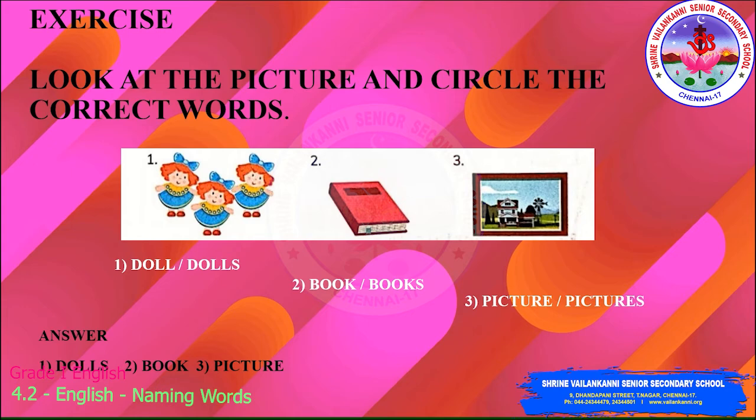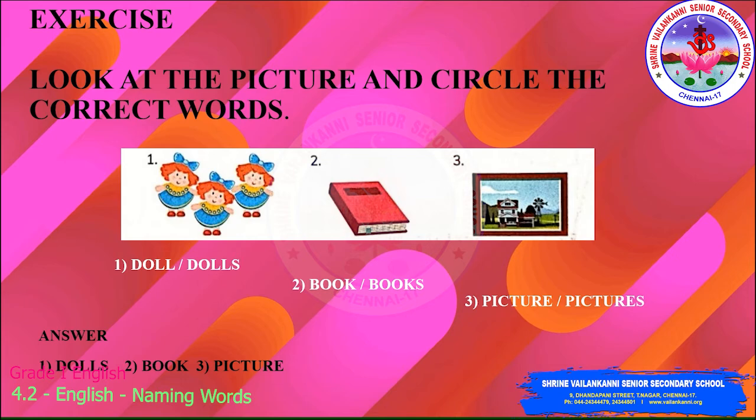Now let's see the second picture. The second picture is a book and we have only one book. If only one object is given, then we shouldn't add s. So we need to select the first option, B-O-O-K, book. When you look at the third picture, it is a picture frame.